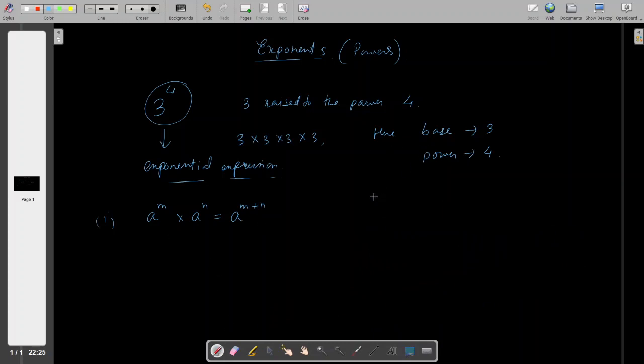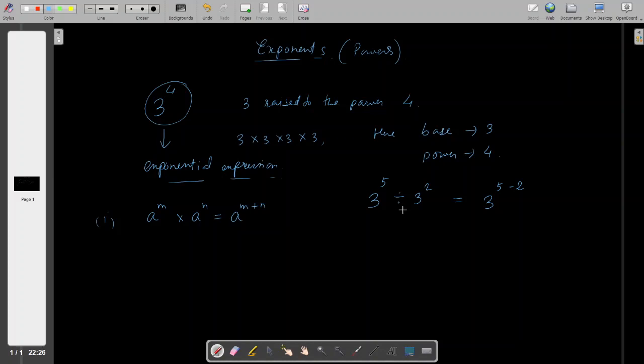Now what if it is 3 to the power 5 divided by 3 to the power 2? In multiplication we added the powers; while in division we will subtract them. 3 to the power 5 minus 2.